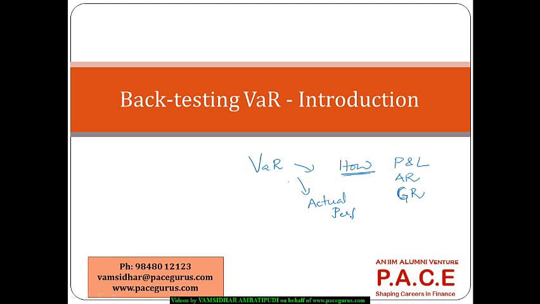If I am not able to predict the future risk properly, what is the need of this VAR model?